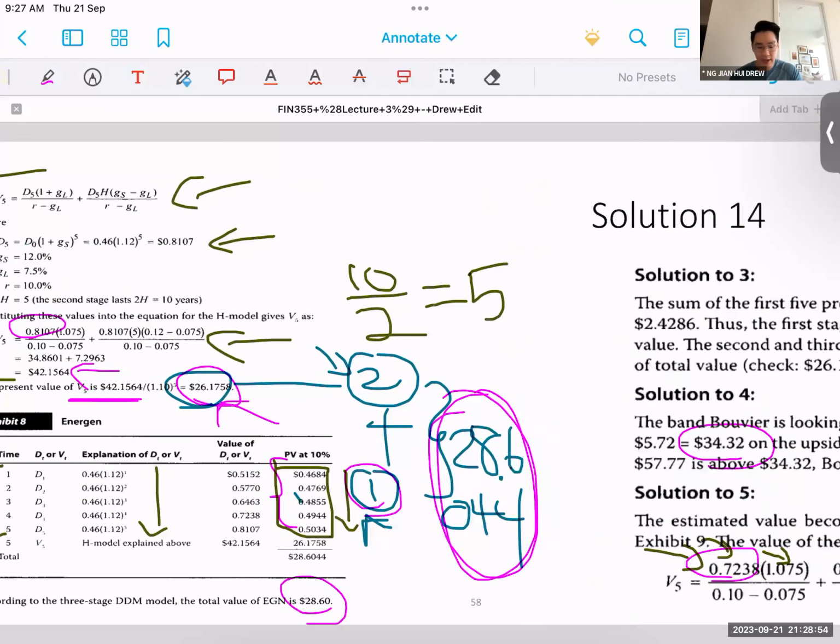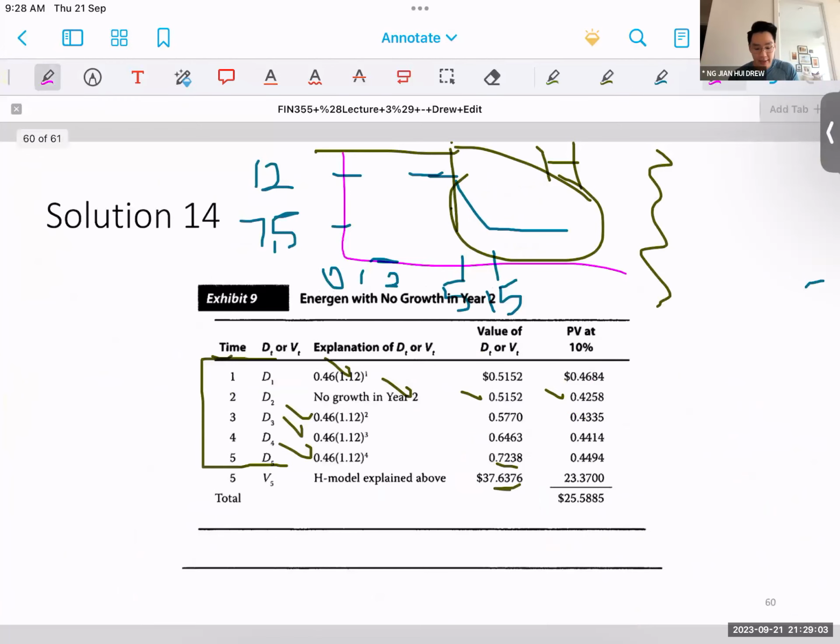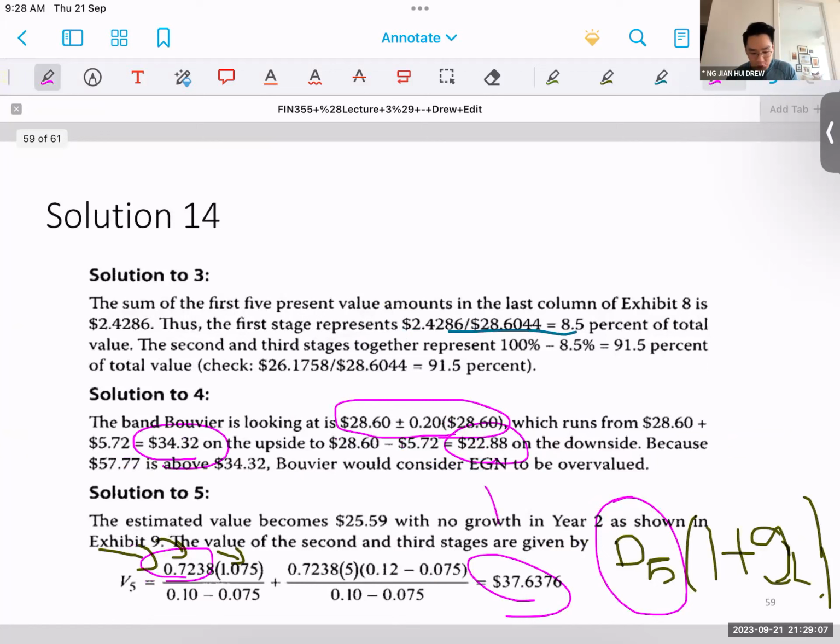Yeah, makes sense. So your valuation expectedly would give you this for your H model, and your total, remember, I want to remind you again, after doing your H model, you still need to PV your H model, right? Because this is a terminal value component. So you need PV of TV.